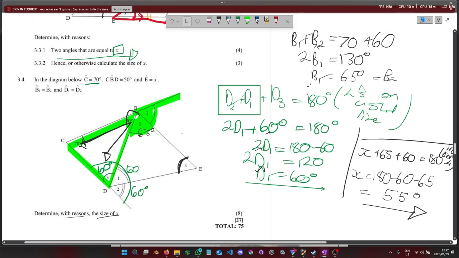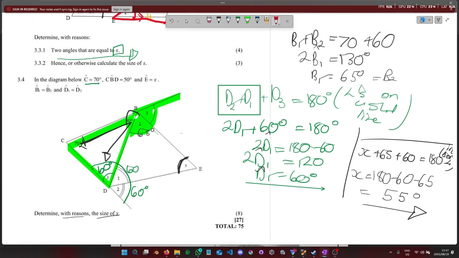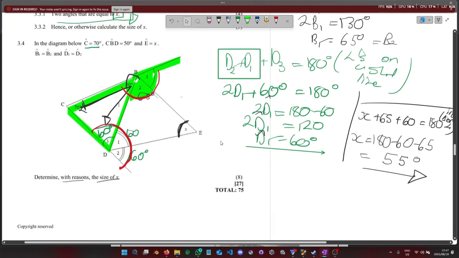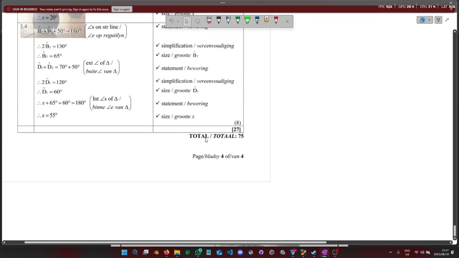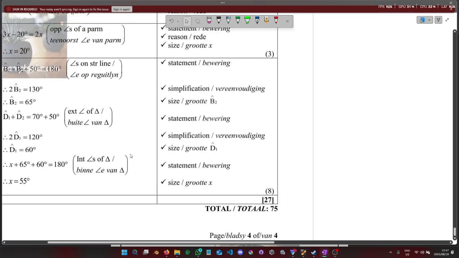So for summary, we used the straight line. We could have used the straight line again, but we used instead the exterior angle of a triangle, and then we used the interior angles of a triangle. If you were to get marks on this, let me show you.